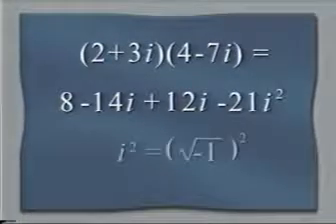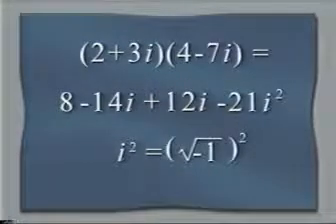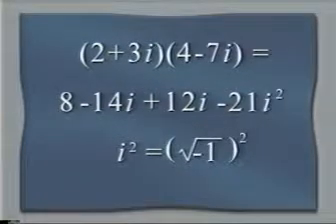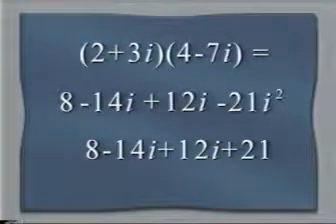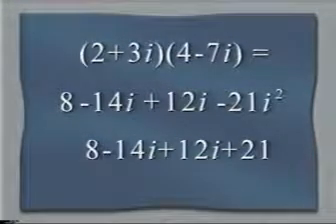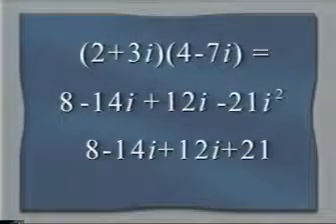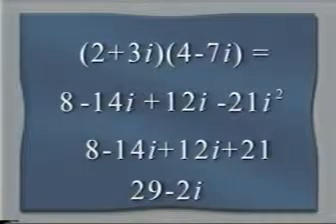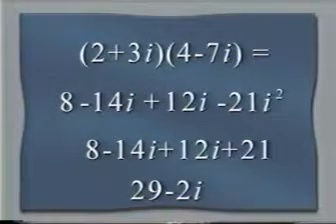Now remember, i squared is the square root of negative 1 squared, which would be negative 1. So a negative 21 is a positive 21. So we wind up with 8 minus 14i plus 12i plus 21. And combining the terms, we get a real answer of 29 and an imaginary part of negative 2i. So what we have is 29 minus 2i.